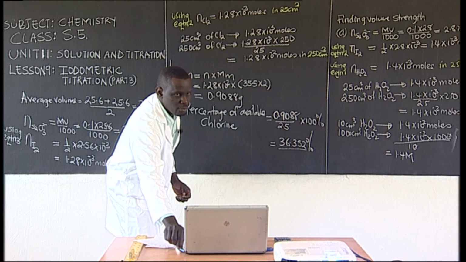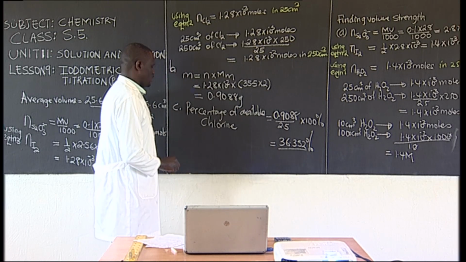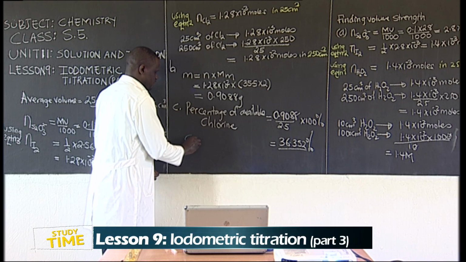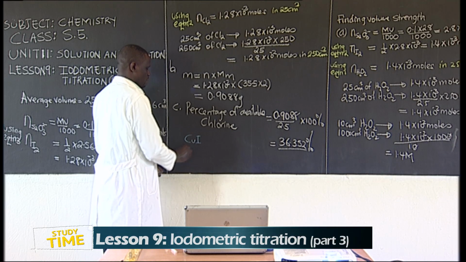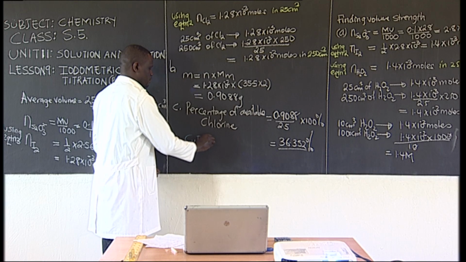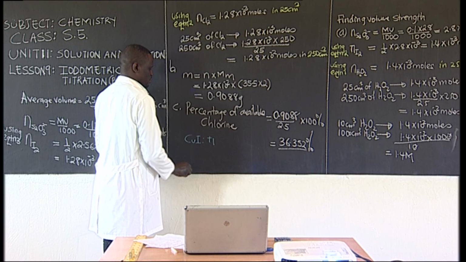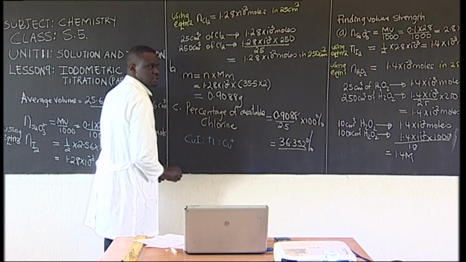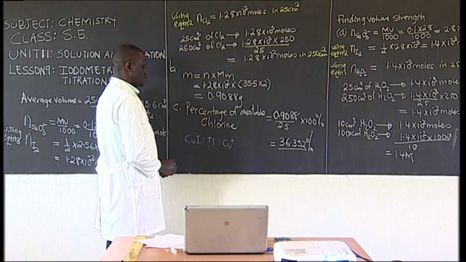Let me try to use blue chalk so you can see it very well. You'll observe that the oxidation state of copper in copper 1 iodide is actually positive 1. So it means we have copper 1. So how do you write the electron configuration of copper in copper 1?